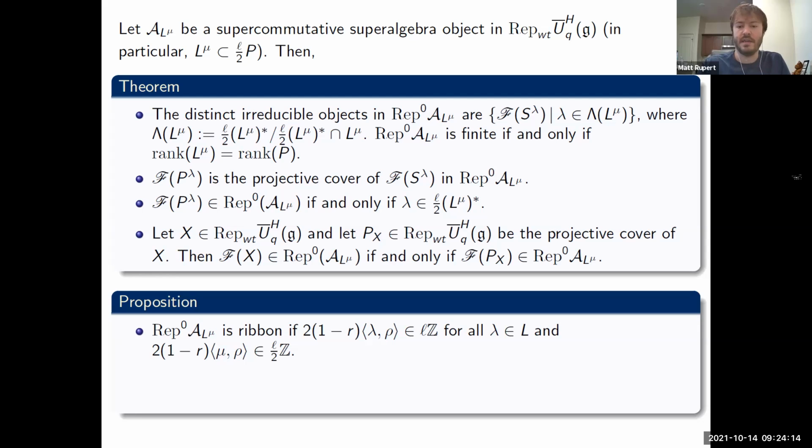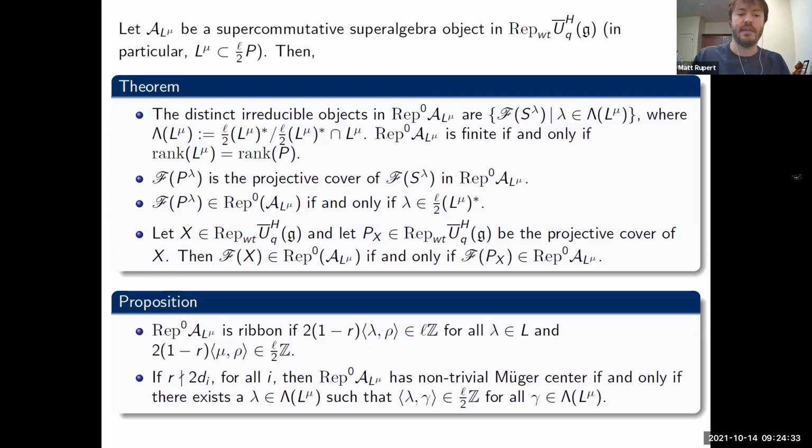Okay, so we don't want to just understand irreducibles, we want to know a little more about the structure. Is the category ribbon, say, is it non-degenerate? So does it have trivial Müger center? It turns out that the category of local modules is ribbon if and only if this condition on the lattice is satisfied.